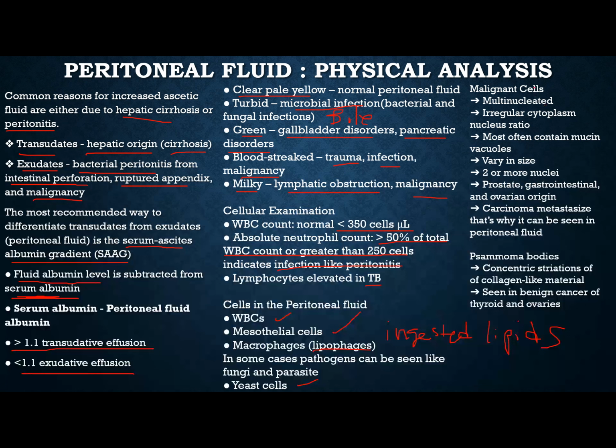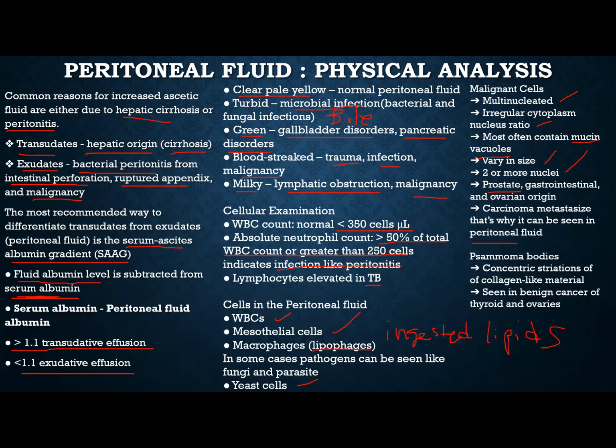Then you would also see malignant cells. They would appear multinucleated, with irregular cytoplasm to nucleus ratio, most often containing mucin vacuoles. They vary in size, with two or more nuclei, usually from prostate, gastrointestinal, and ovarian origin. Carcinoma metastasized, that's why it can be seen in peritoneal fluid.